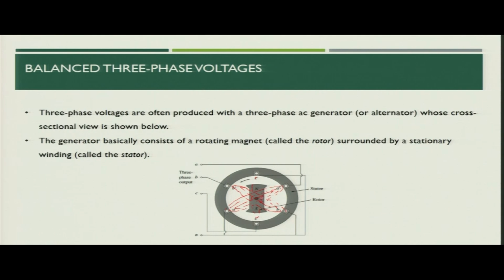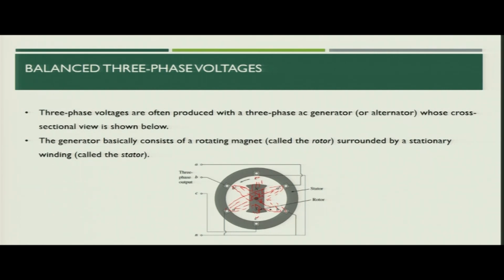Similarly, for C also you will have these set of coils. So, basically you will have three sets of coils which are 120° apart, and when the magnet which is rotating in the generator cuts the coils, you will get the voltage induced in these coils.